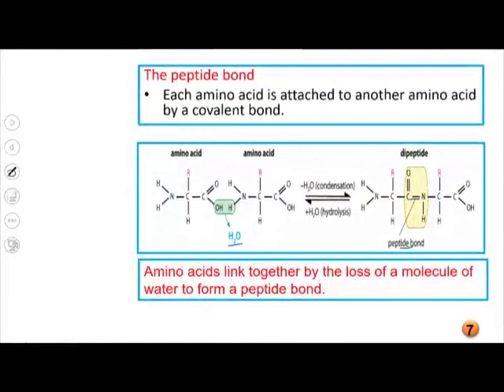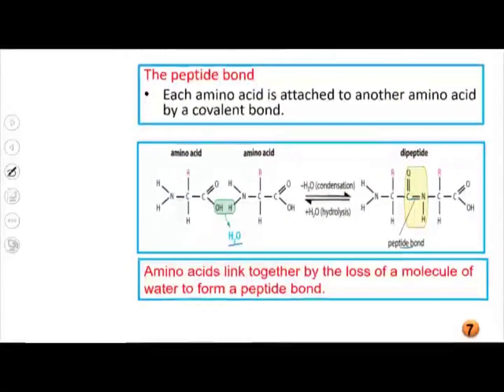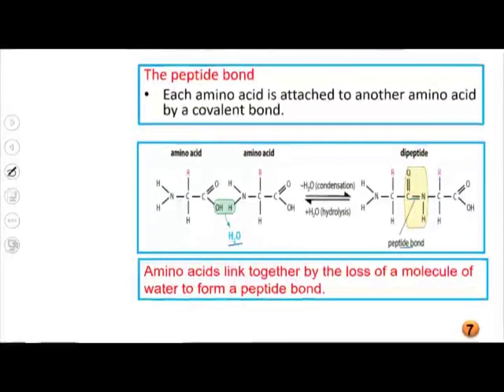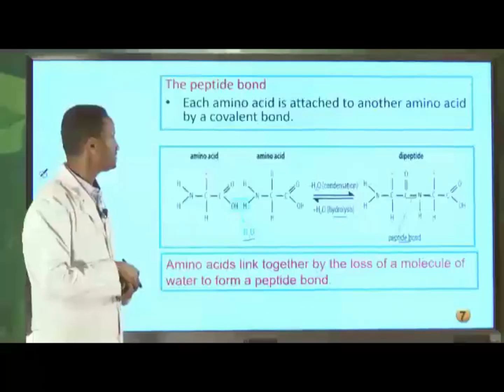This peptide bond joins 2 amino acids together, but the process can be reversed by addition of water, which is called hydrolysis. Here, amino acids are linked together by the loss of a molecule of water and form a peptide bond.